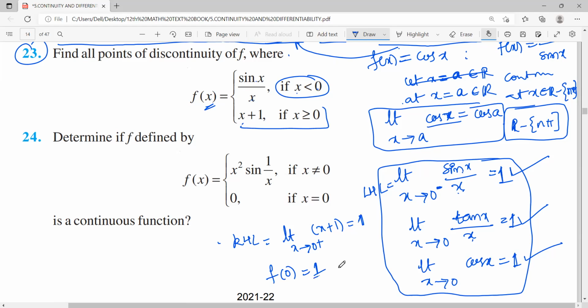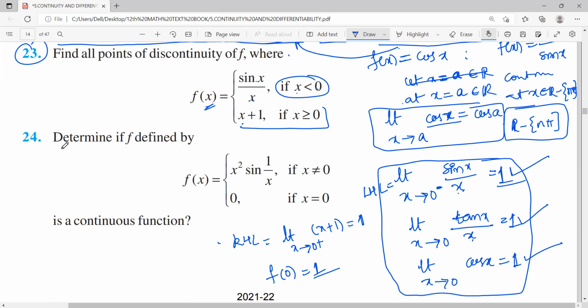So the discontinuous point does not exist at x equal to 0. We have checked, it is continuous at 0.